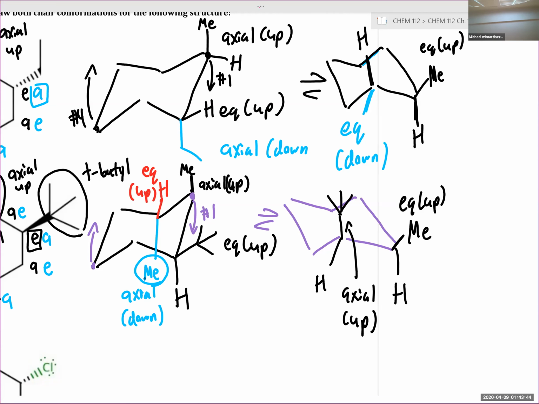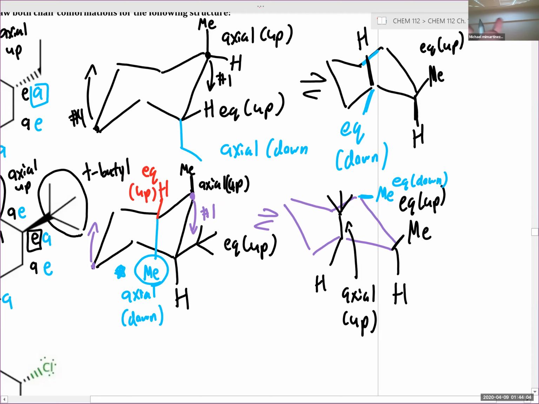And don't be shy to type in chat. Yep, I see some equatorial responses. So this methyl group will be equatorial. So it's equatorial pointing down. And the way to really show that, again, I can't stress this enough, draw your hydrogens. So this hydrogen is axial pointing up.